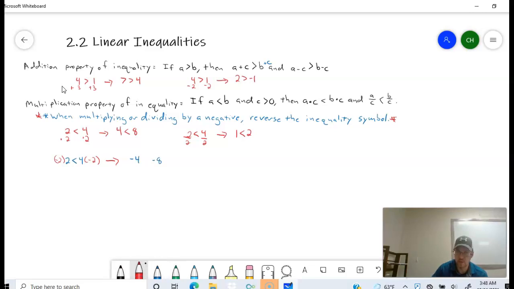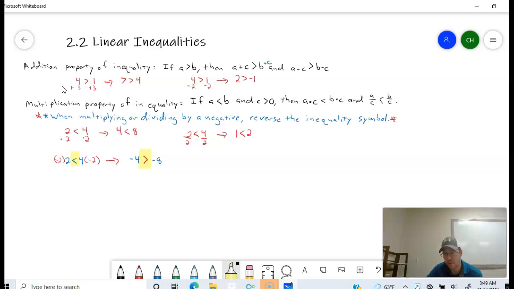We need to notice that -8 is smaller than -4 because it's further to the left on the number line. So I've got to reverse. Notice my inequality had to change directions. Originally I said 2 is less than 4, but when I multiplied both sides by a negative, it became greater than: -4 is greater than -8.